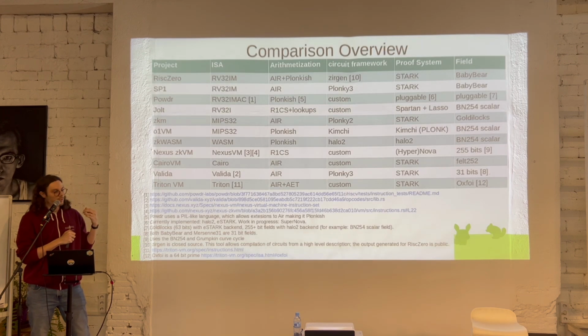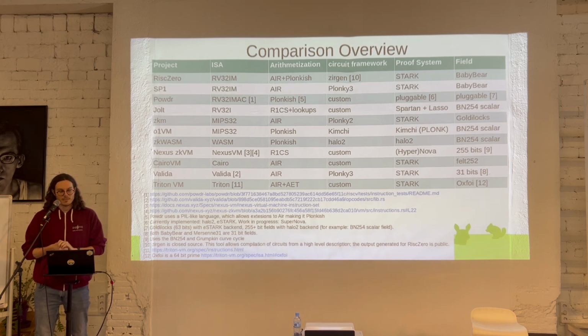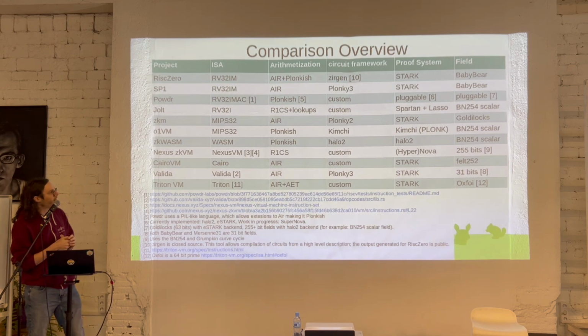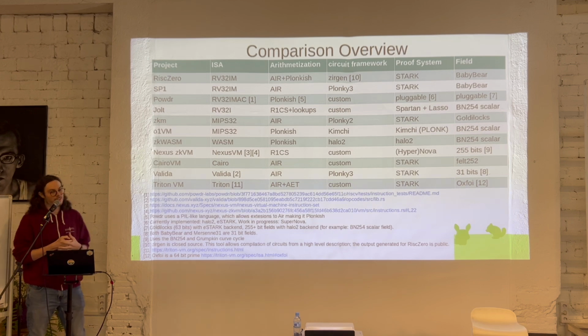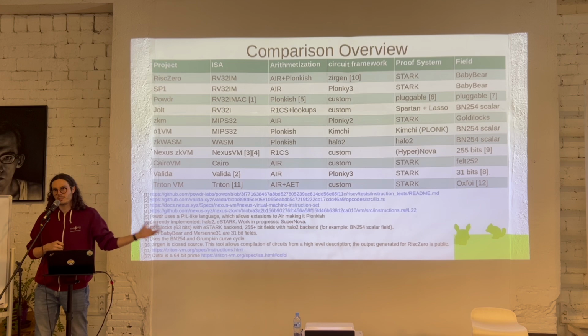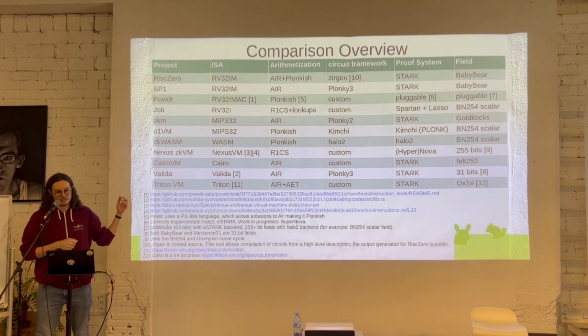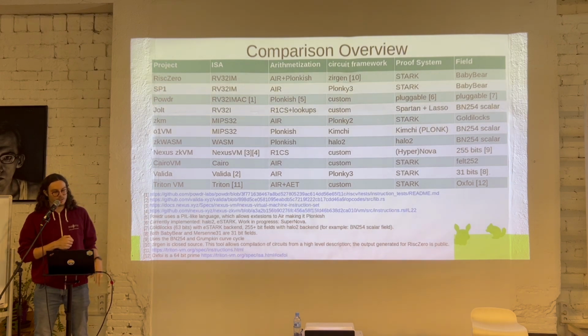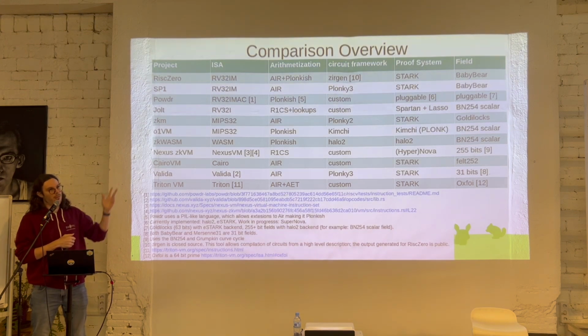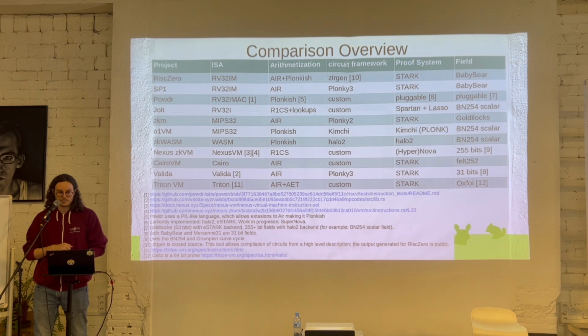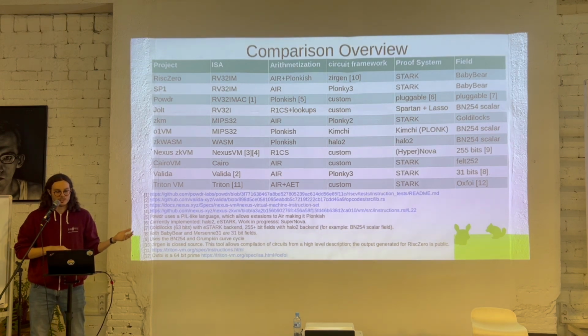Okay, so after this introduction, here is a big list. There are 11 zkVMs presented in this table. I have to say that this table is not exhaustive, and I probably missed some. The ones I want to focus on are the ones that are targeting real hardware instruction sets.